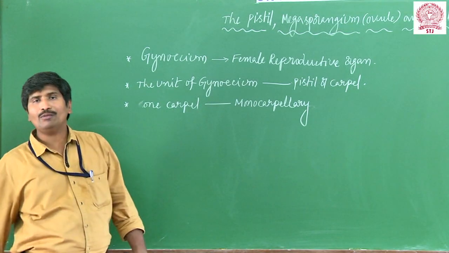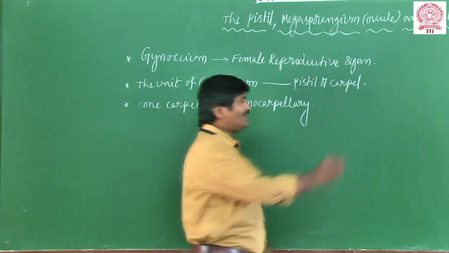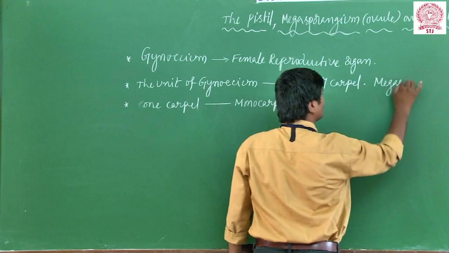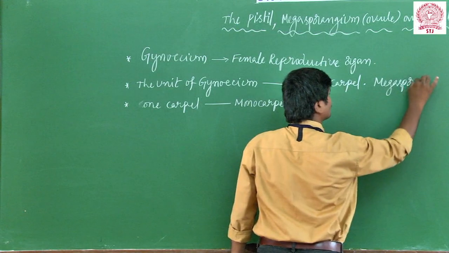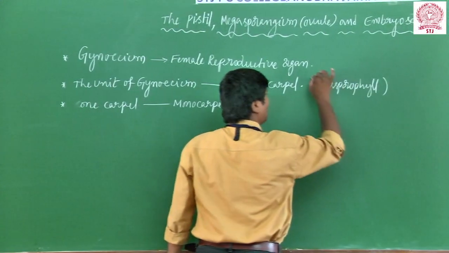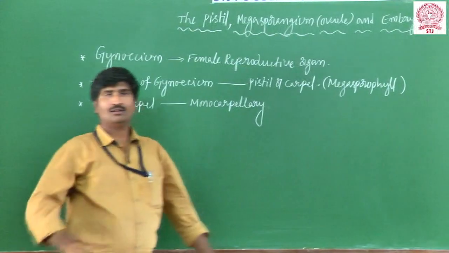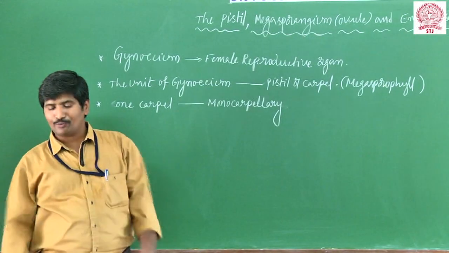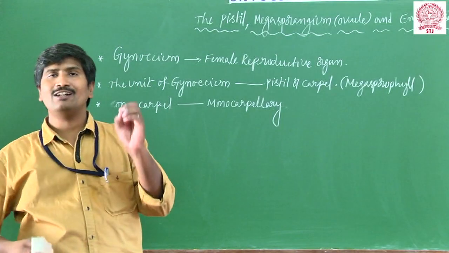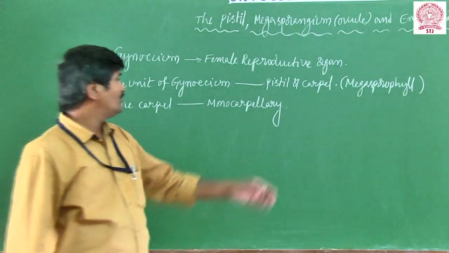Here one more important point is that the carpel is a megasporophyll. Already you know, the stamen is a microsporophyll.